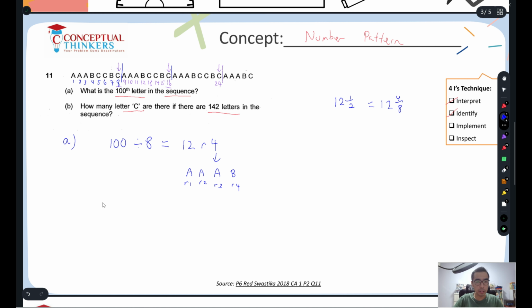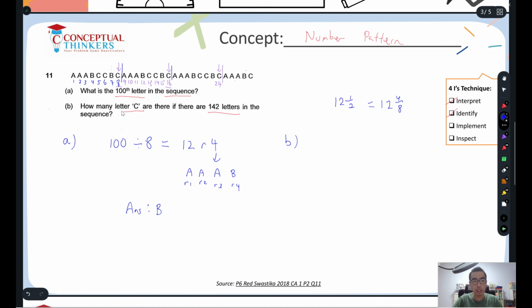So the answer for the 100th letter will be B. Because if you take 12 times 8, we get 96. So 96 of these, then if you continue with 97, 98, 99, and 100, our letter in the 100th position will be B.